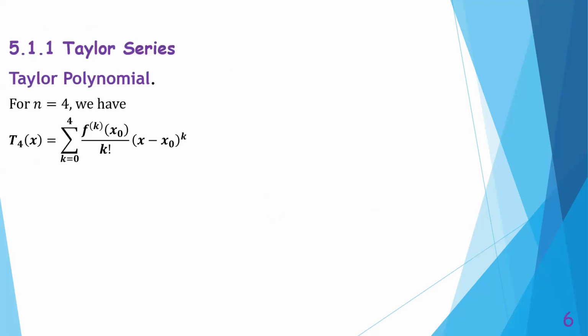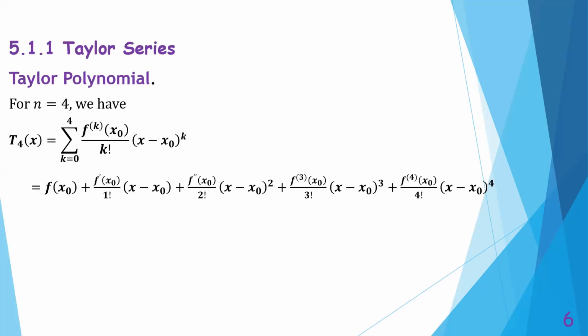Degree 3, and we can go further, degree 4, degree 5. For degree 4, we have the fourth derivative of f at x0 divided by factorial 4 times (x minus x0) to the 4.